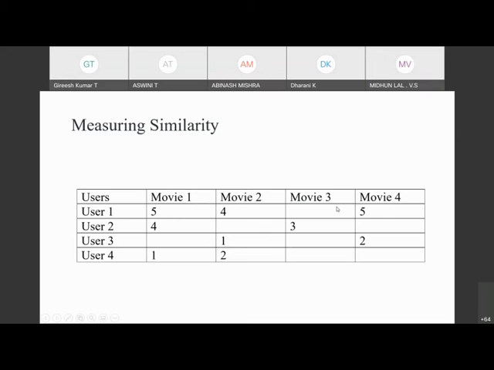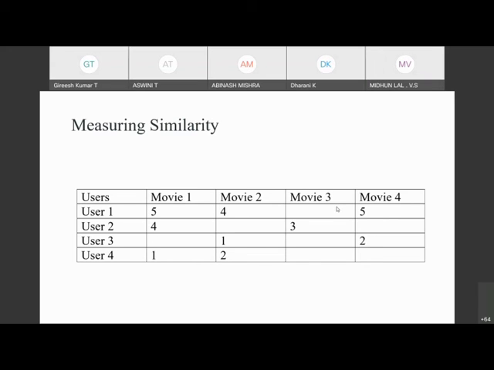And we have different users also. We are assuming four users: user 1, user 2, user 3, and user 4. Now we are going to check whether user 1 and user 2, or user 1 and user 3, or user 2 and user 3, or whichever two users have similar behavior and similar taste, or have a different taste or not.